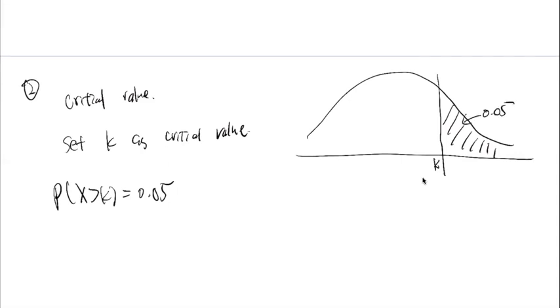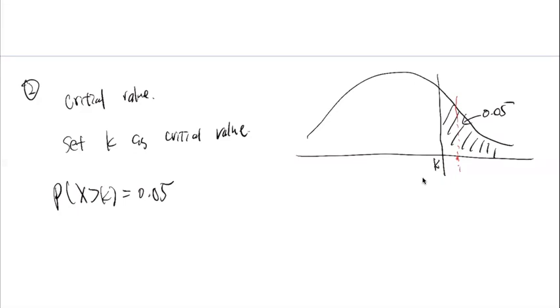If the measurement is greater than k, it has to be lying in the rejection zone, and that means we should reject the null hypothesis. And vice versa, if it does not lie in the rejection zone, we cannot reject the null hypothesis.